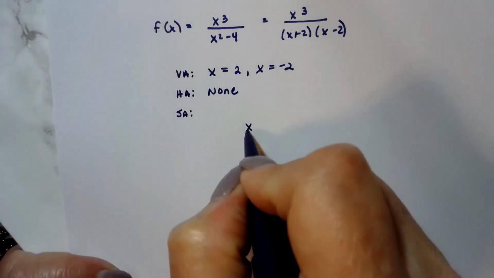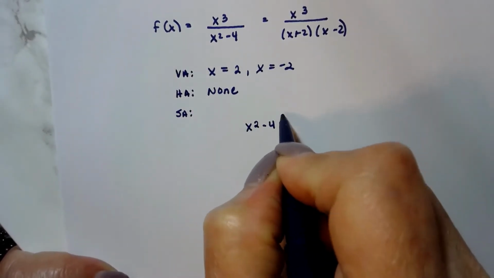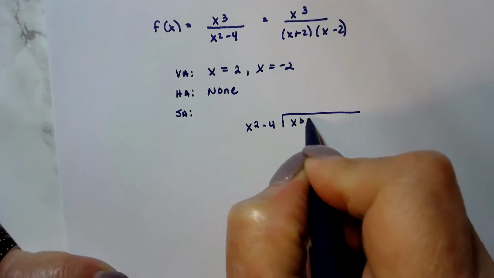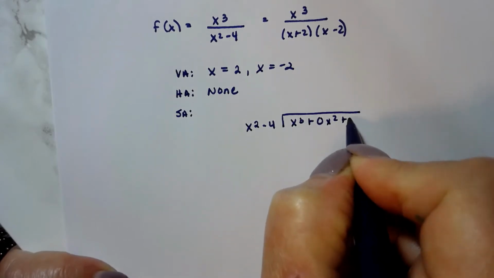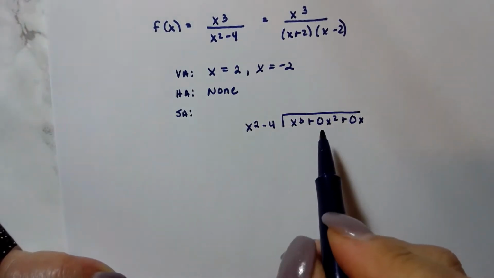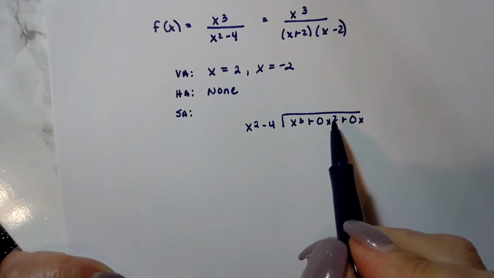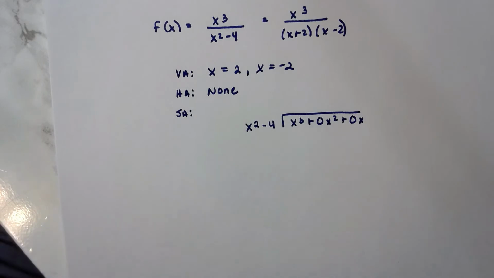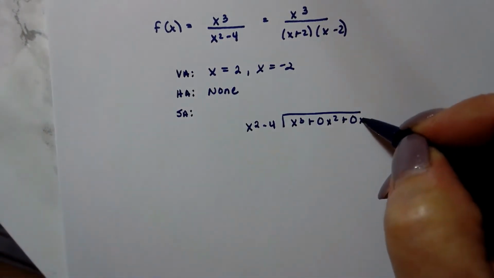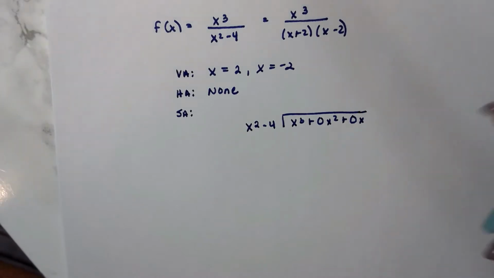So I have x squared minus 4 going into x cubed plus 0x squared plus 0x, because remember, I've got to fill in 0 times x to each power down, all the way to the linear part, x to the first, which is right here.